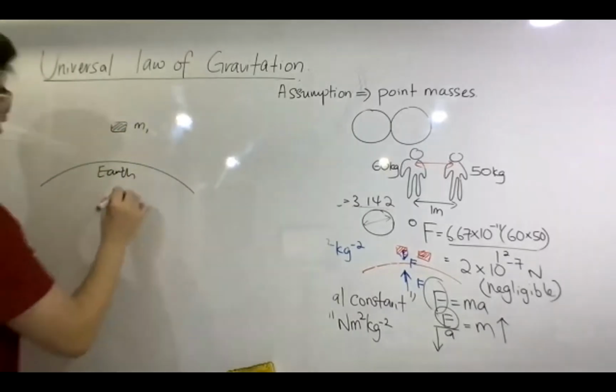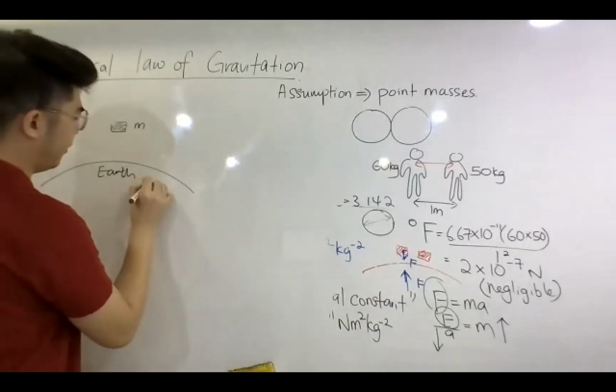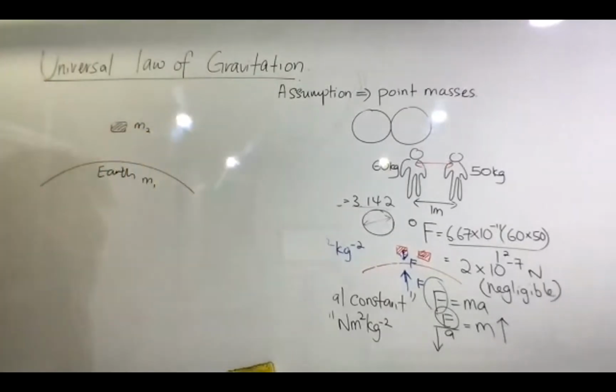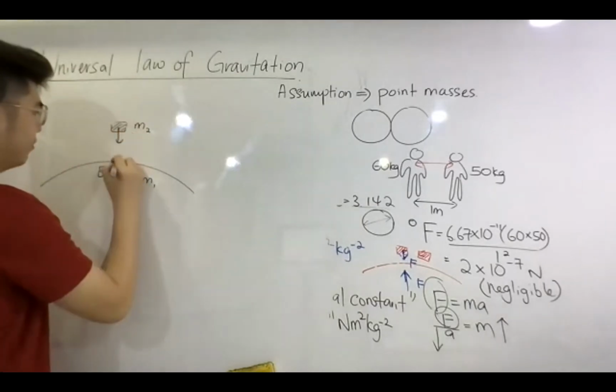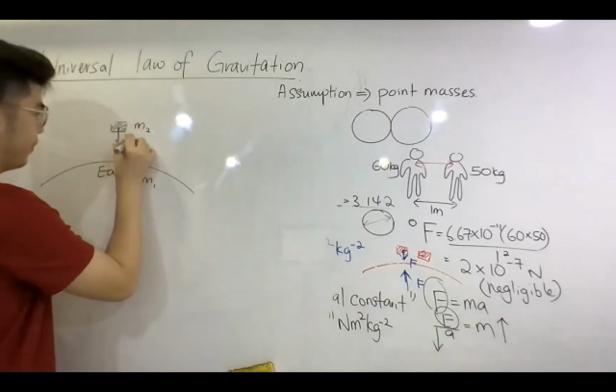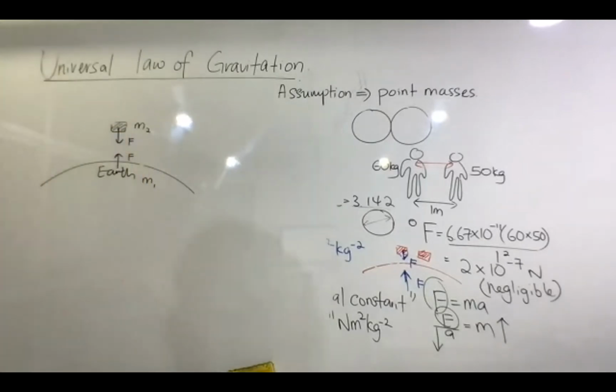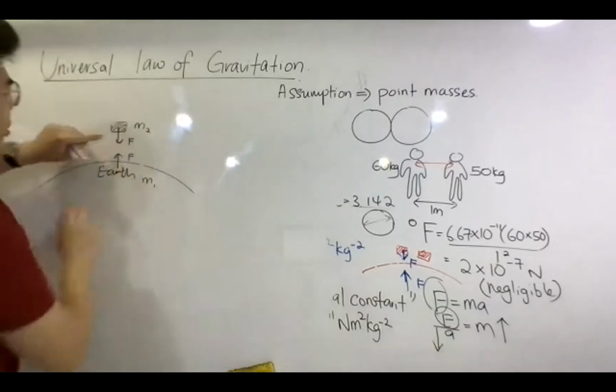Let's take the mass of the earth. Okay, we take this as m1, this is m2. Two bodies, so they have force of attraction, down, up. Okay, now this force, let's just look at this force.